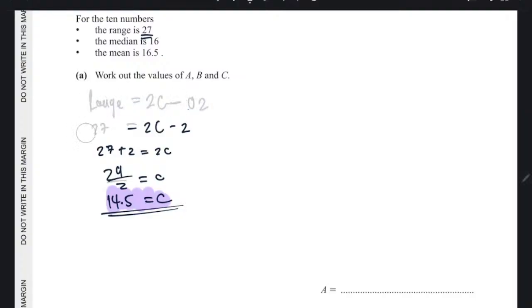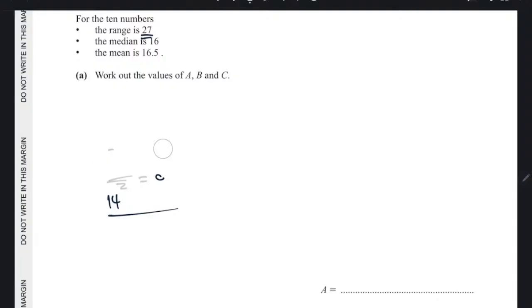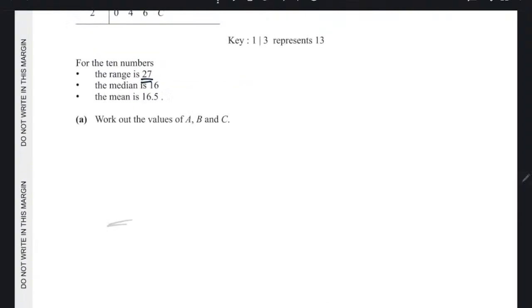Let me tell you, I had almost lied. I'm the one who had lied. Here is what I did. You say range is equal to highest value minus lowest value.